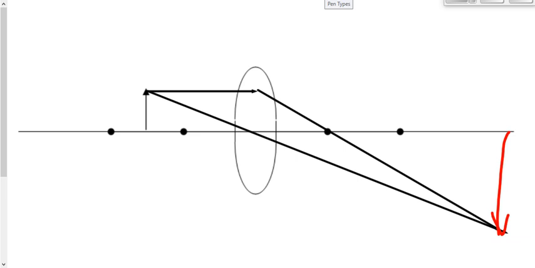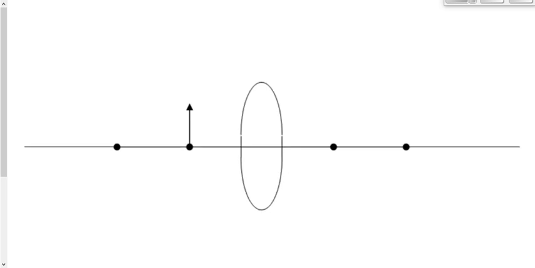Is it larger, smaller, same size? Larger, quite a bit bigger. Is it right side up or upside down? It's upside down, and it's real. We know that it's real because solid lines intersect. That means we can project it onto a screen if we wanted to.